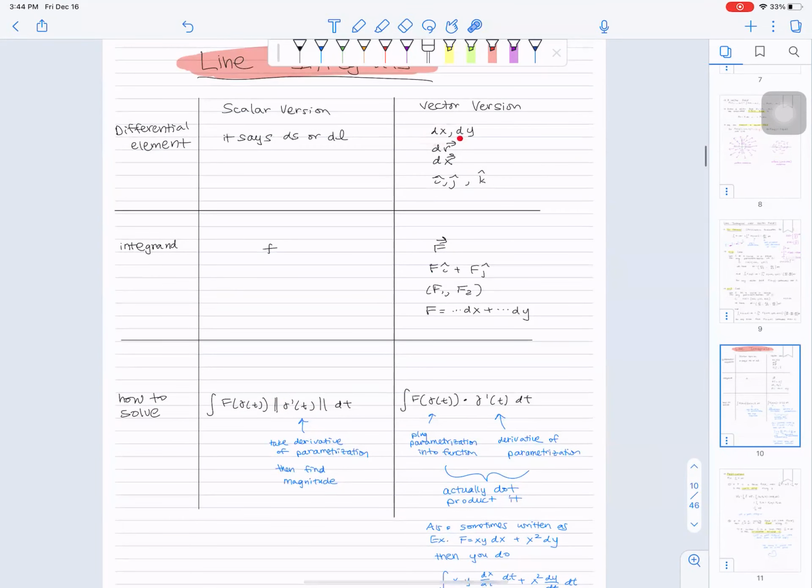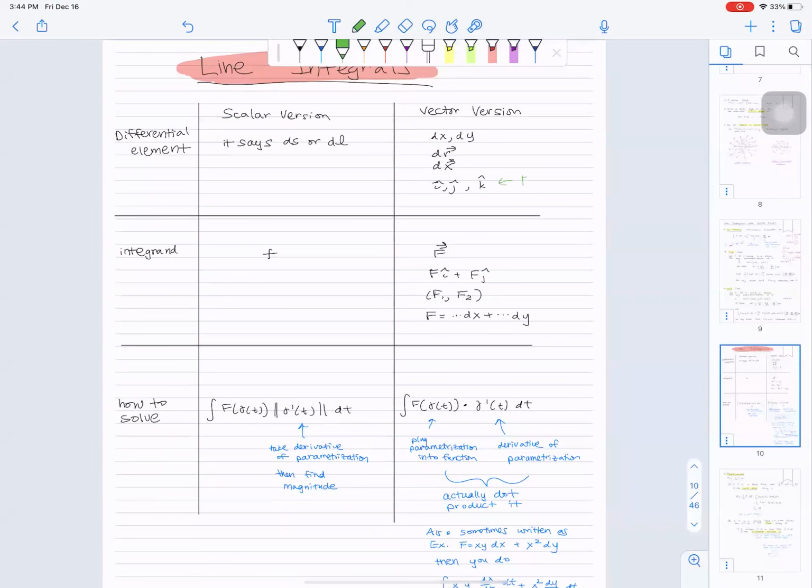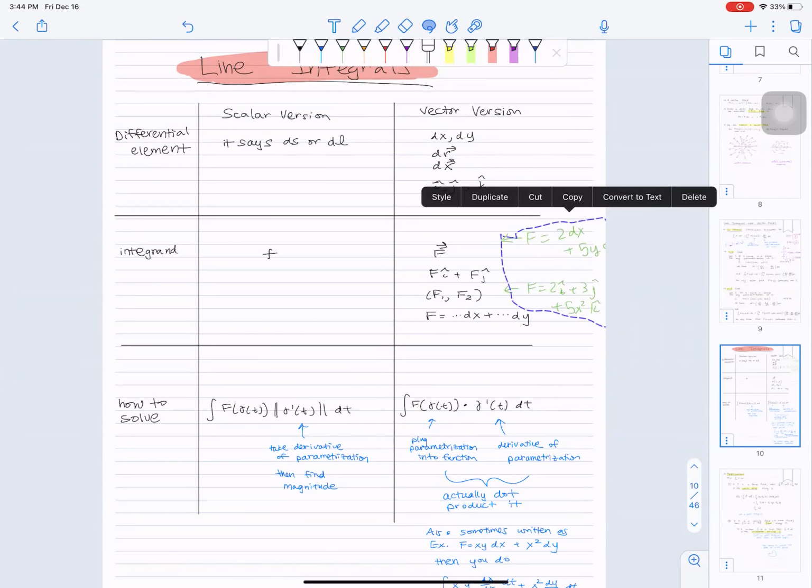If they give you differential elements, like your function is written as 2i plus 3j plus 5x squared k, or say they say your function is 2dx plus 5y dy, that type of wording means they want you to use the vector version where you're doing the dot product.